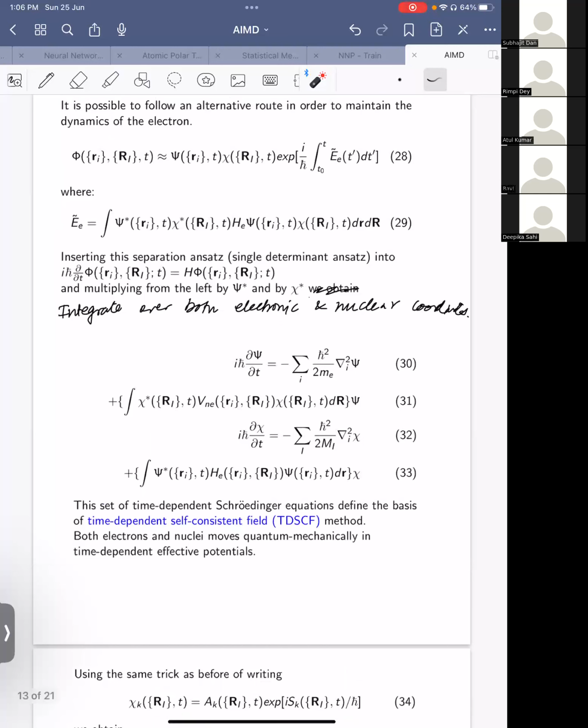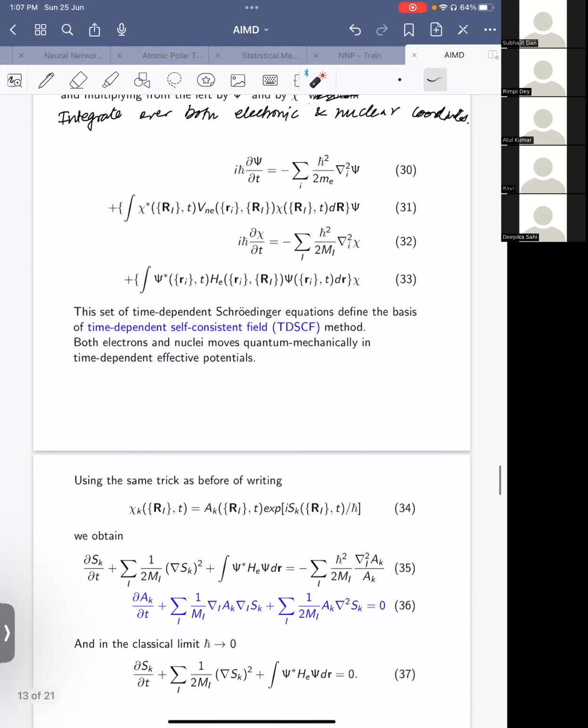Both these wave functions are orthonormal. These equations are the time-dependent self-consistent field method, which was given by Dirac in 1930.